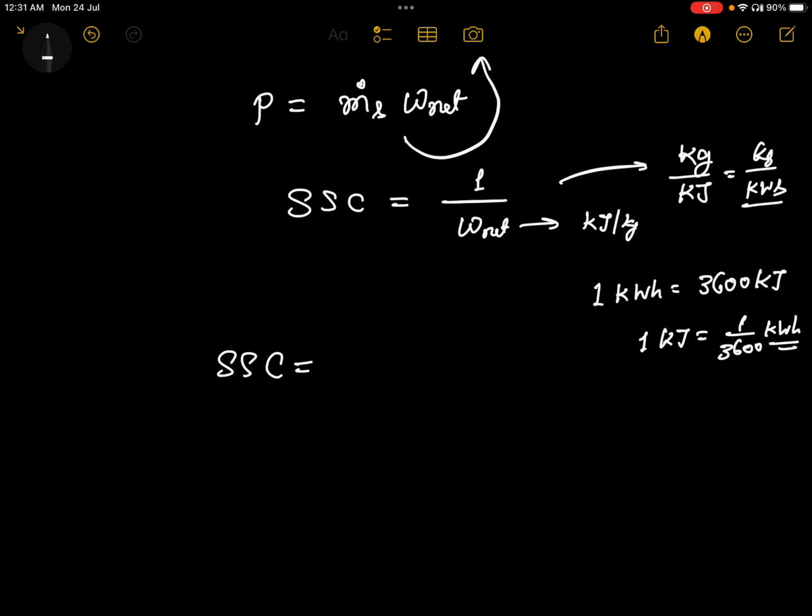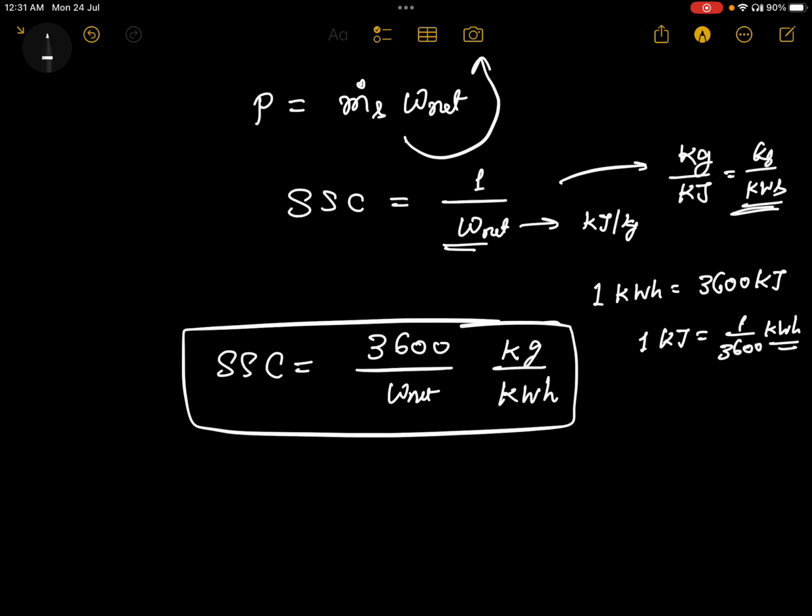We want to write this kilowatt second in kilowatt hour, so actually we have to divide w net by 3600. So we'll get 3600 divided by w net, in kilogram per kilowatt hour. This is the specific steam consumption.